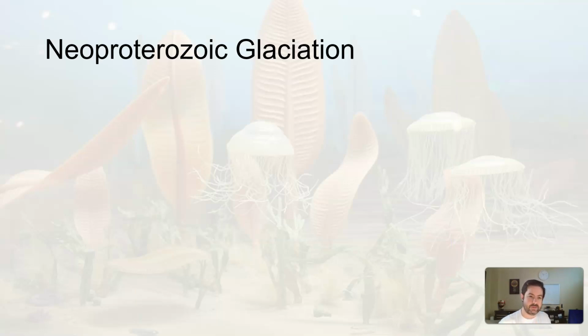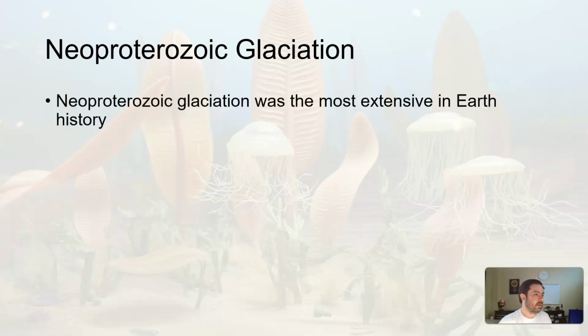And then let's fast forward to the Neoproterozoic, so about a billion to half a billion years ago. It's reported that the glaciation during the Neoproterozoic was the most extensive in Earth's history.